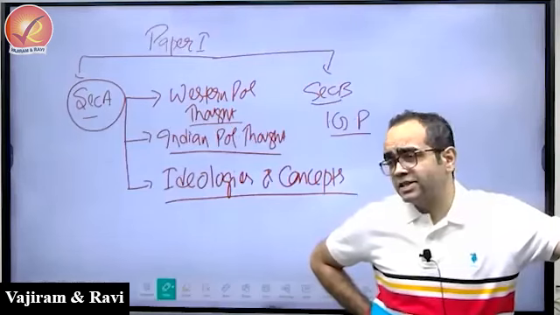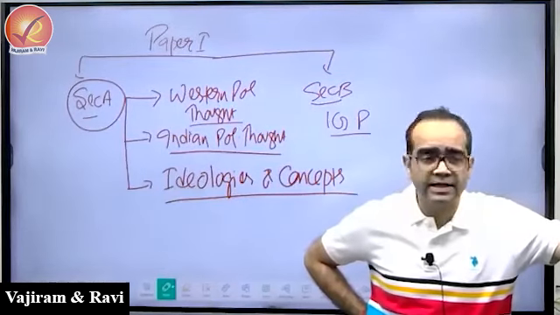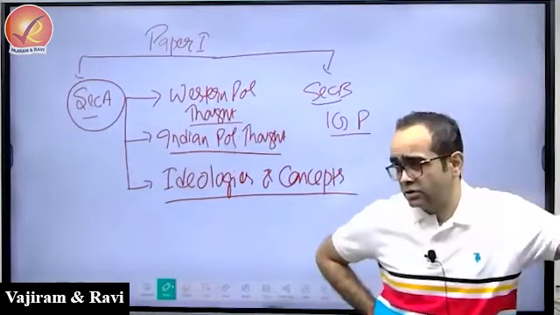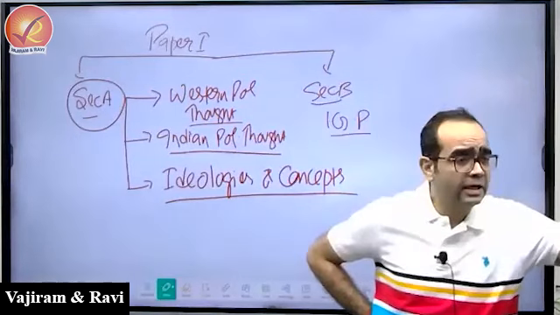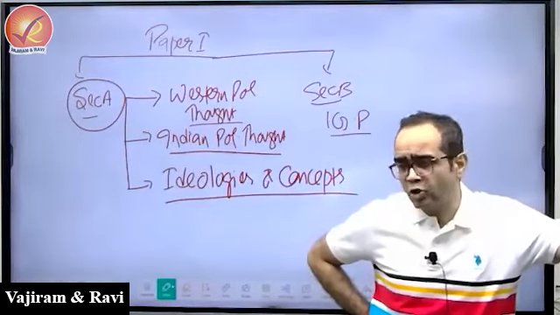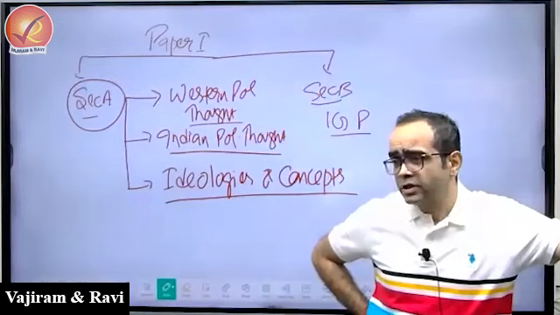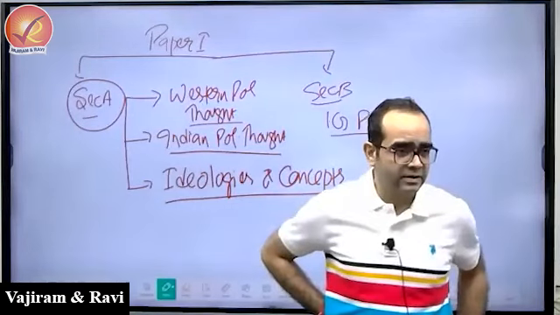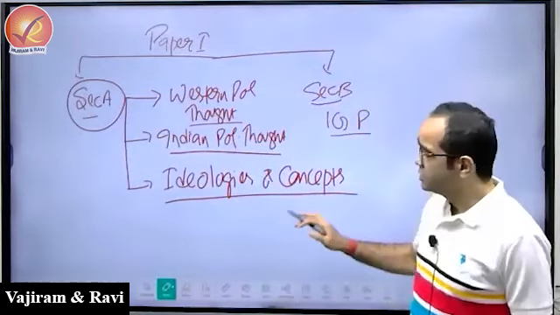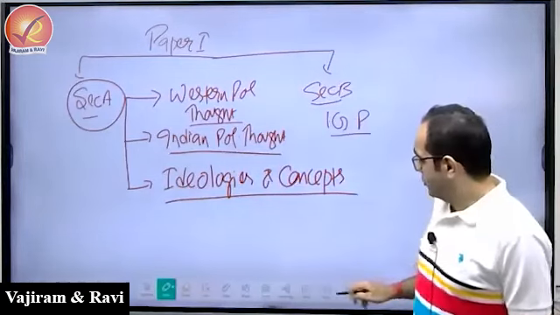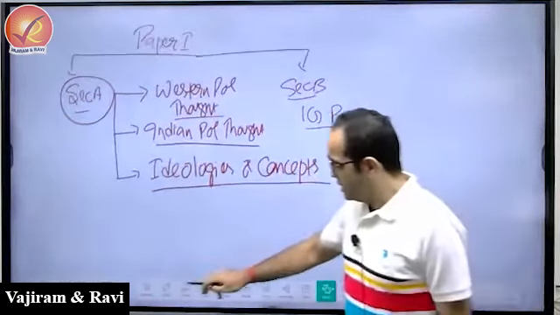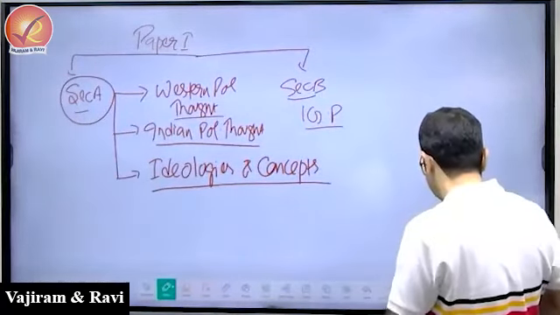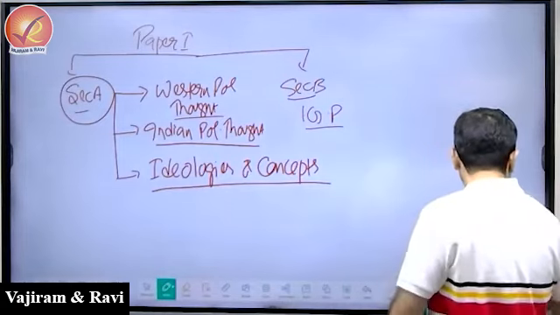Now, paper 1, section A, as you can see, topic number 10 is Western political thought. Topic number 9 is Indian political thought. Topic number 8 is political ideologies. And topics 1 to 7 are ideologies and concepts. If I refer to the syllabus, that's for your reference.